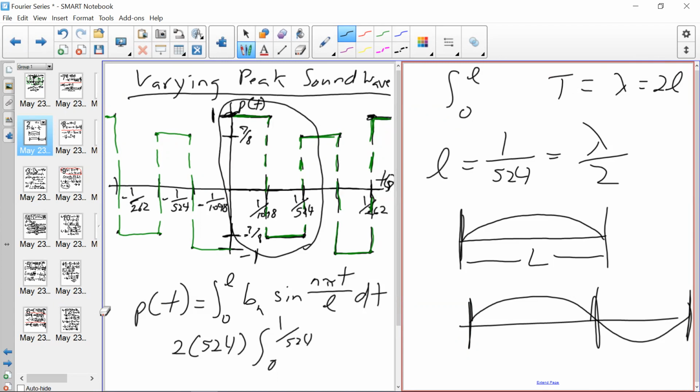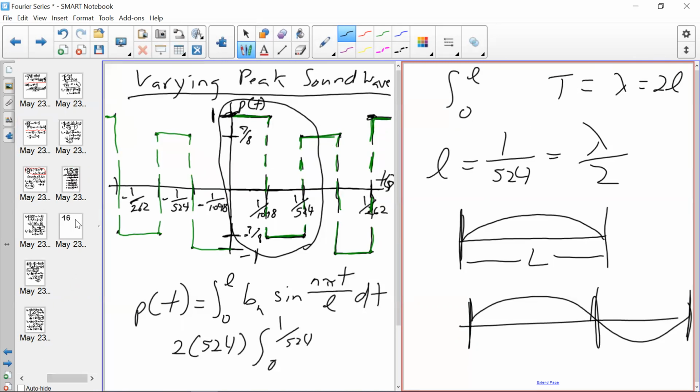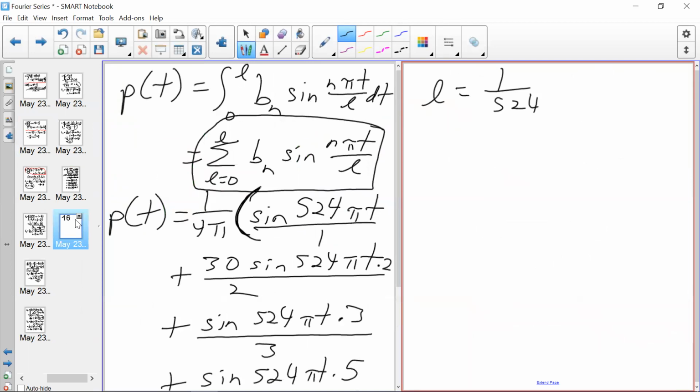Now, in order to get the frequencies, we understand that frequency is 1/period, if you recall from the simple harmonic motion chapter. So since our period is 1/262, then the frequencies, this first frequency, if you will, is going to be different frequencies.